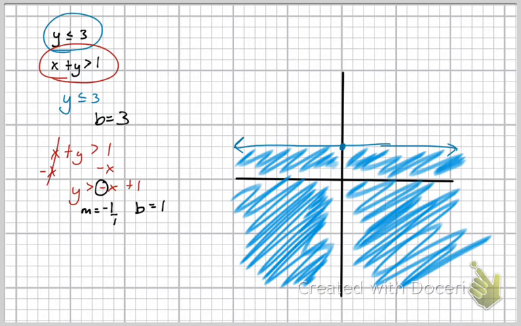So I'm going to go to my graph. I've got my y-intercept of +1 and my slope of down 1 and to the right 1. It's going to give me several points going to the right. And I'm going to reverse it to go to the left, so I'm going to go up one and left one each time. This time, since it's greater than, not equal to, I'm going to draw a dashed line.